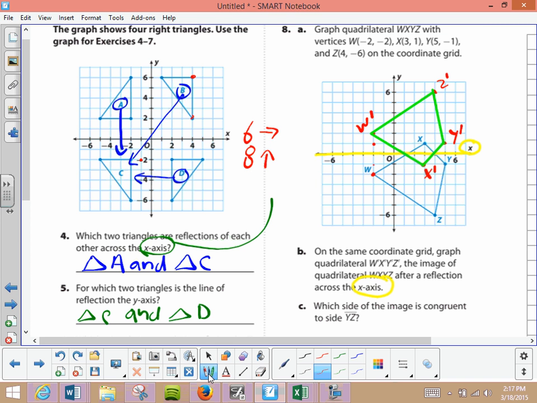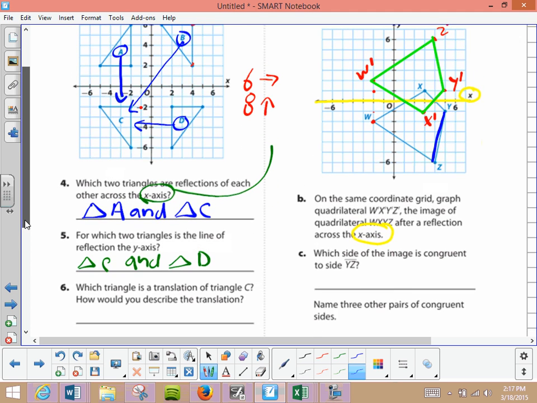All right. Which side of the image? Let me stop right there. They said the image. Which one are you talking about? The green one, right? The one with the prime numbers. Exactly. The image is congruent. What does that mean? Exactly the same, right? As the side YZ. Let me highlight YZ so I know what I'm talking about. So which one is the same as that one?